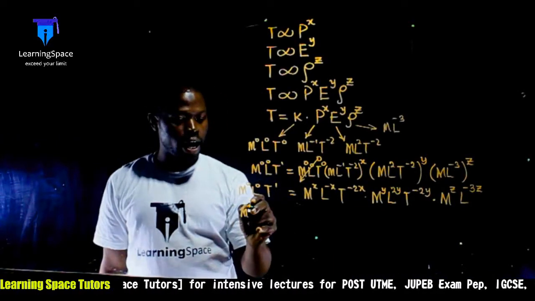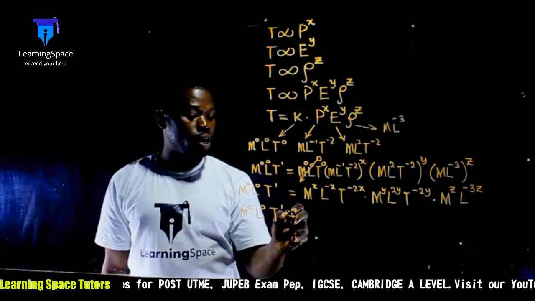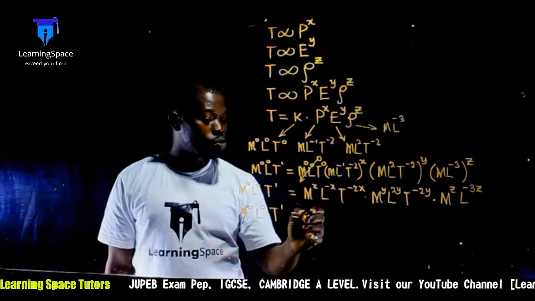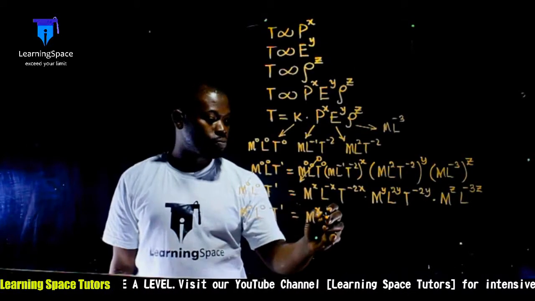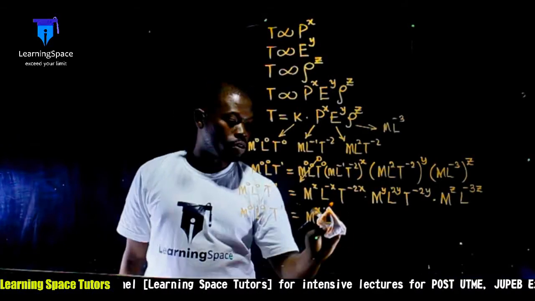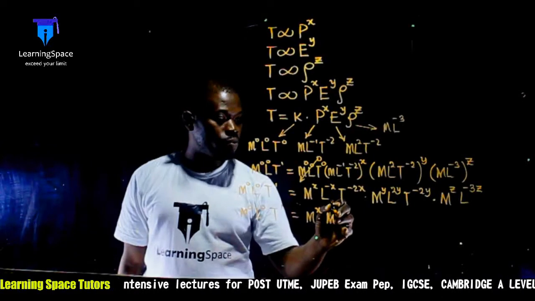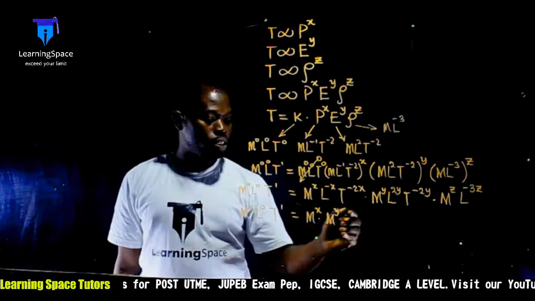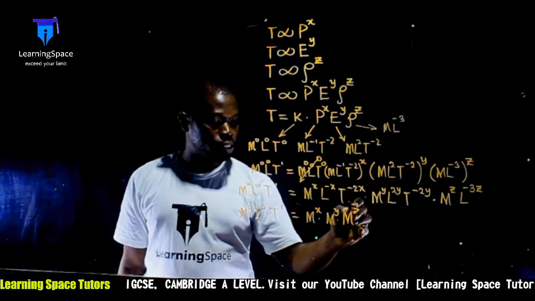Now if we try to simplify all this, we collect like terms. So we have M^0, L^0, T^1 is equal to M^x dot M^y, then the third one, M^z.